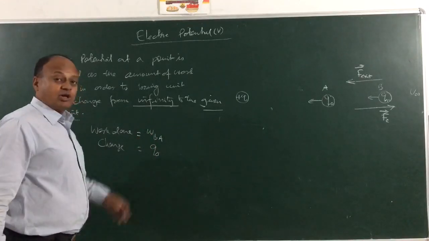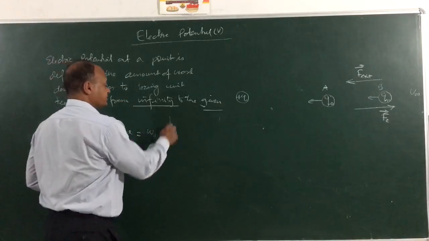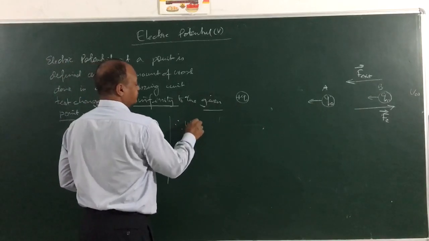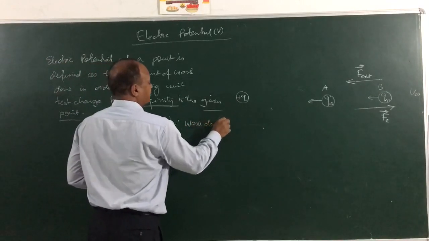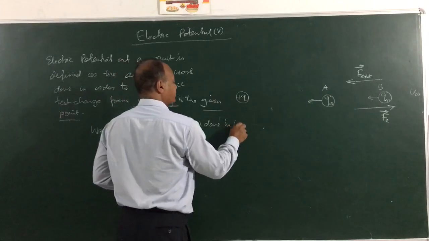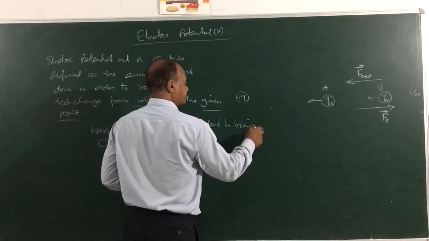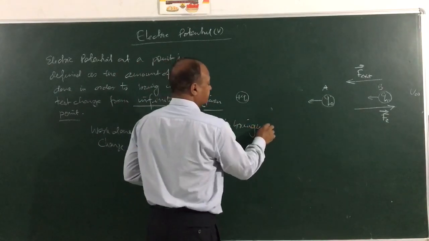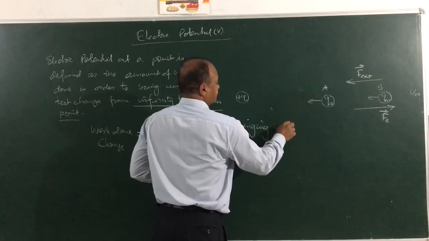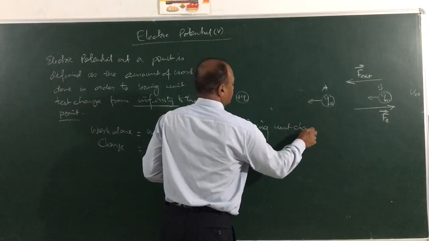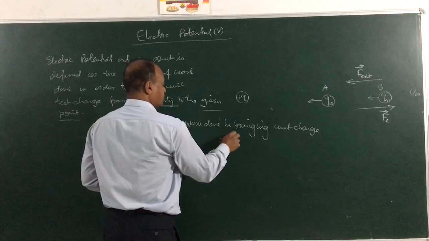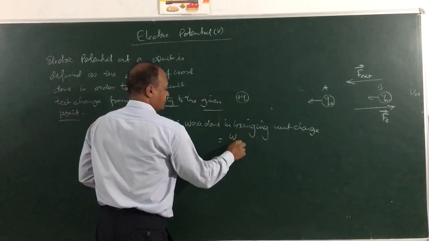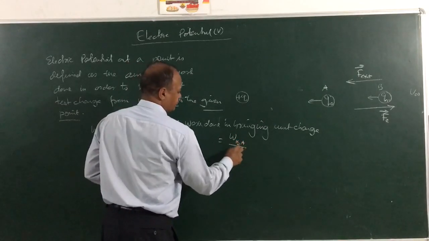If I ask you the work done in bringing a unit charge, therefore the work done in bringing a unit charge is equal to W_BA by Q naught.